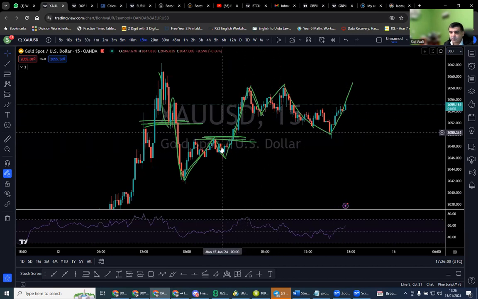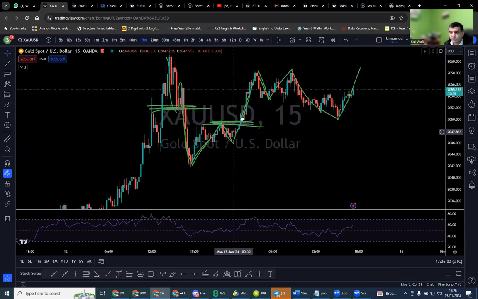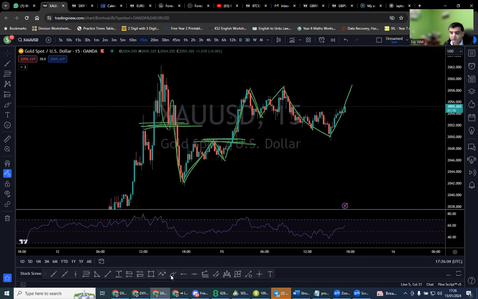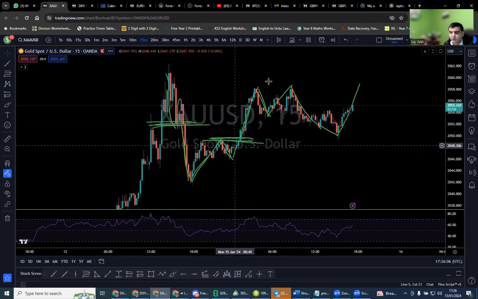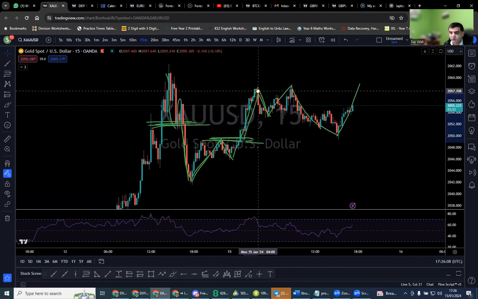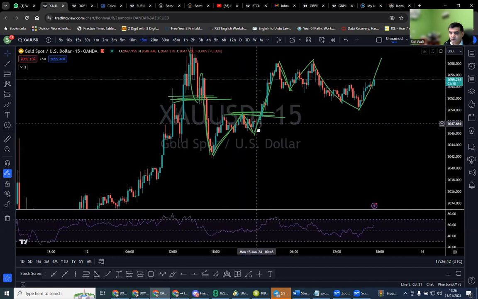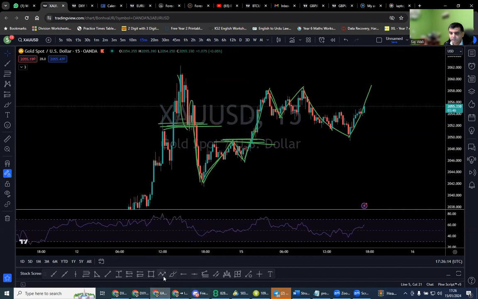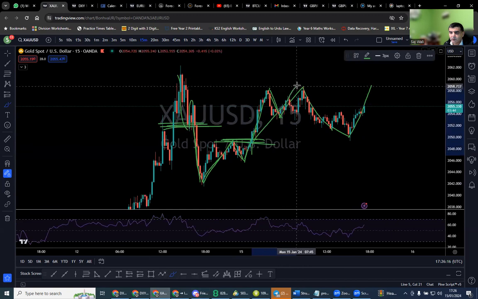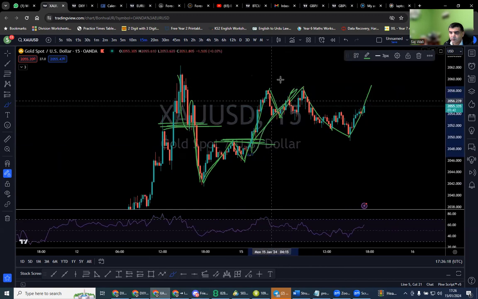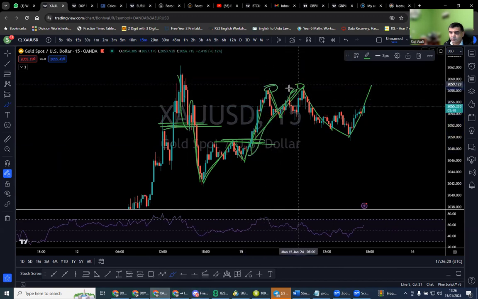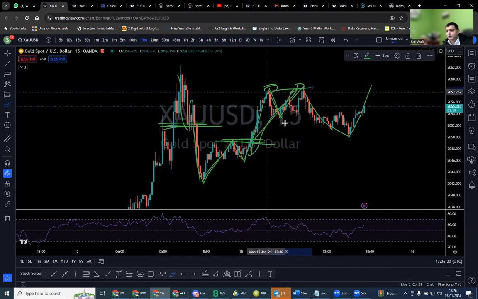In fact, this is a double top, so we can just count this as one move, or an internal structure in other words. So we can count this as one move instead of making two, because it's a double top, equal highs, in other words.